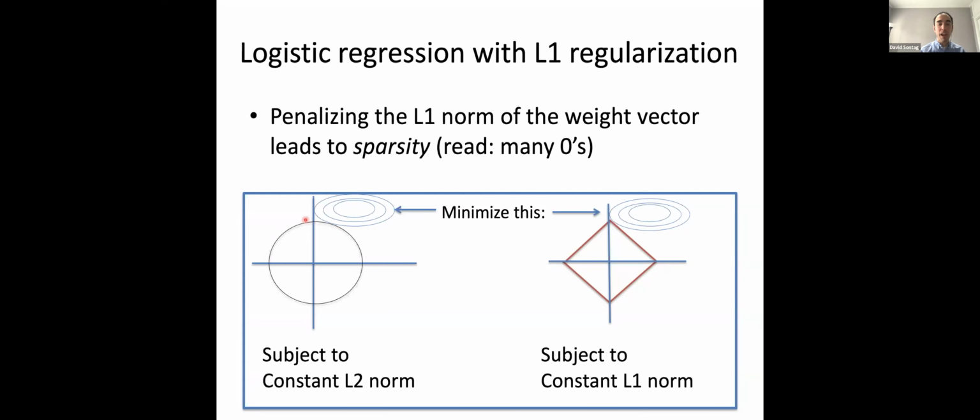Now, if you look at the left-hand side, the solution that minimizes the objective function along the circle is this solution over here. Whereas on the right-hand side, the solution which minimizes the objective function according to that constraint is actually at this corner point. And that's, intuitively, one of the reasons why using L1 regularization tends to result in sparse weight vectors as a solution.